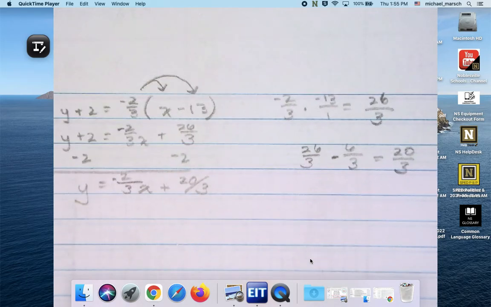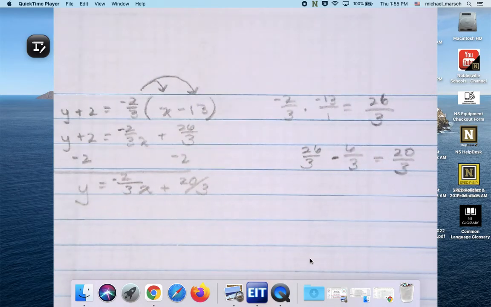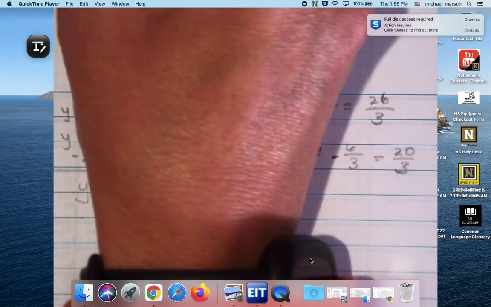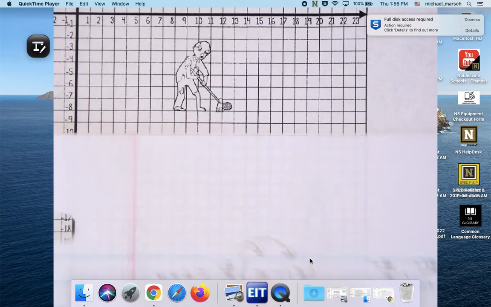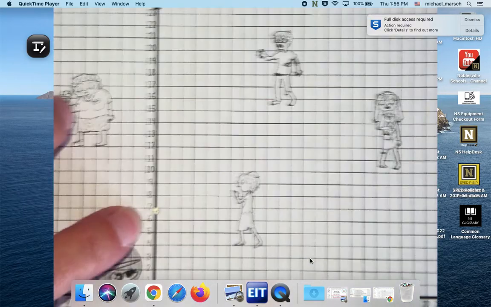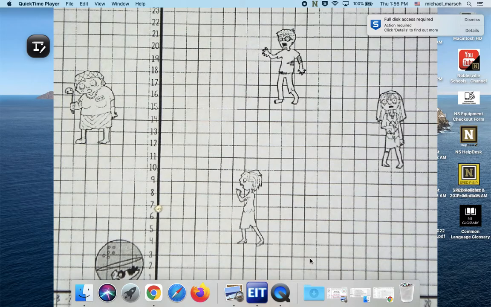So then I'm going to go on the graph. Where would 20 over 3 fall on my graph? 6 2/3. That's going to be my y-intercept.